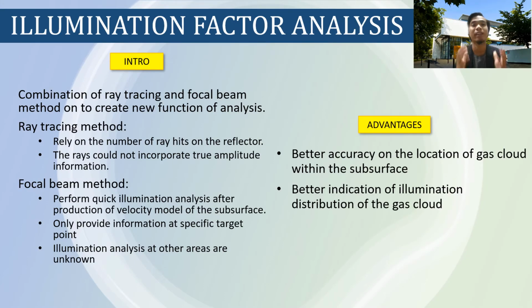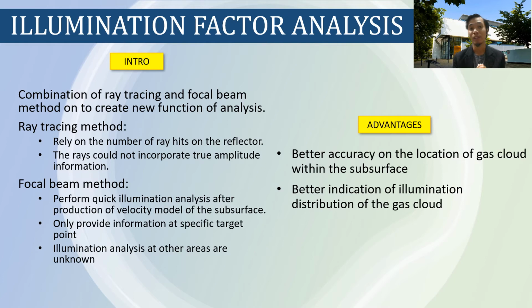The second proposed migration method is illumination factor analysis. This method is a combination of the ray tracing method and the focal beam method to create a new function of analysis. The ray tracing method relies on the number of ray hits on the reflector, and this method cannot incorporate amplitude information.